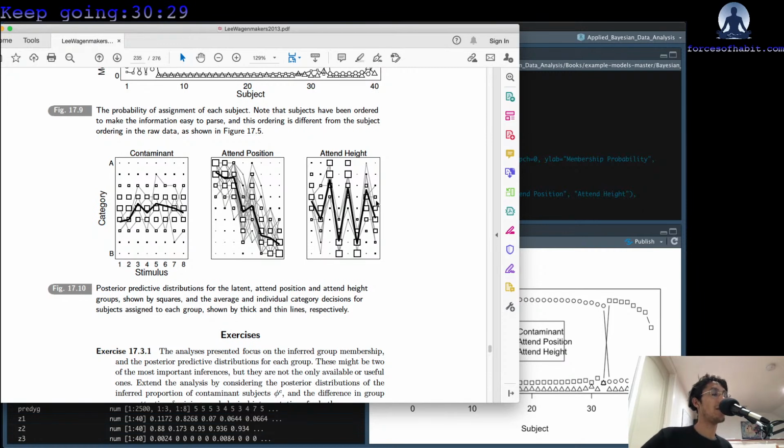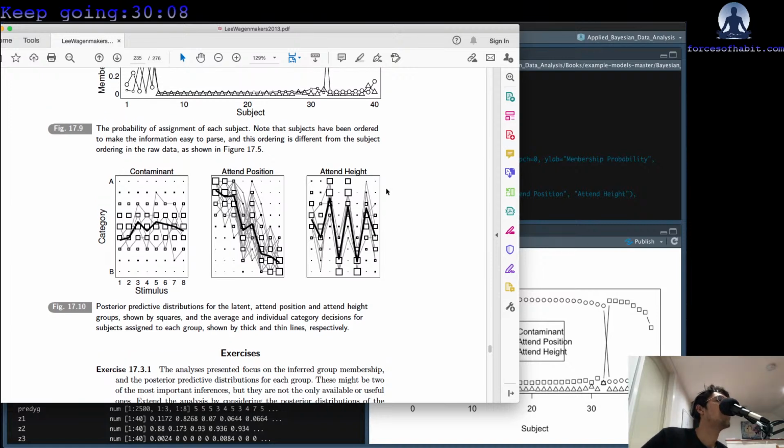And then we also saw this pattern of categorization where people are attending to the height. So far more variable in terms of the response. Well, not necessarily variable, but it doesn't match that stereotypical generalized pattern that we have been identifying across the group average, right?